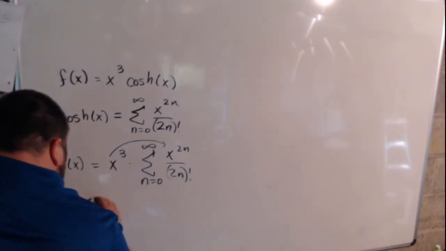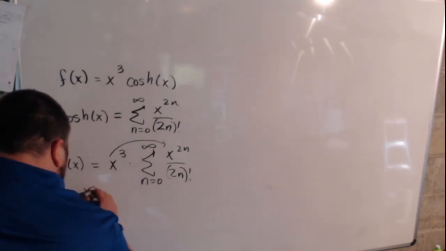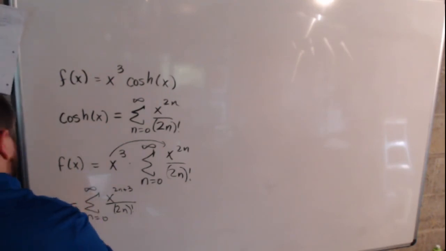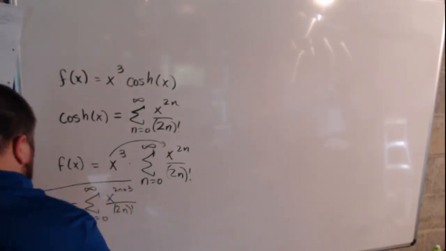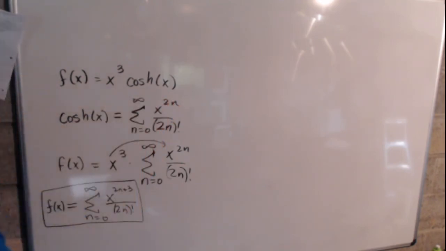So this results in a new sum, n equals 0 to infinity, x to the 2n plus 3 over 2n factorial. That is the power series representation for the function x cubed cosh of x.